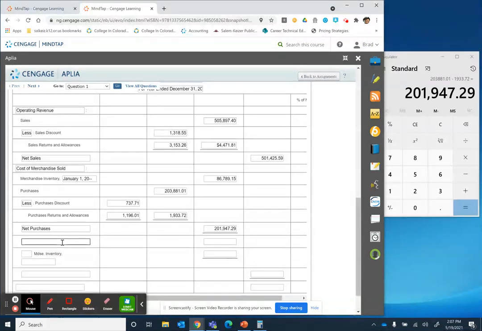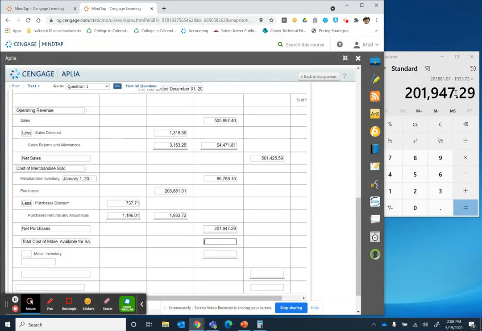Next, we're going to determine what our total cost of merchandise available for sale is. To find that, we're going to take our merchandise inventory at the start of the year plus our net purchases, and that's going to give us our total cost of merchandise available.